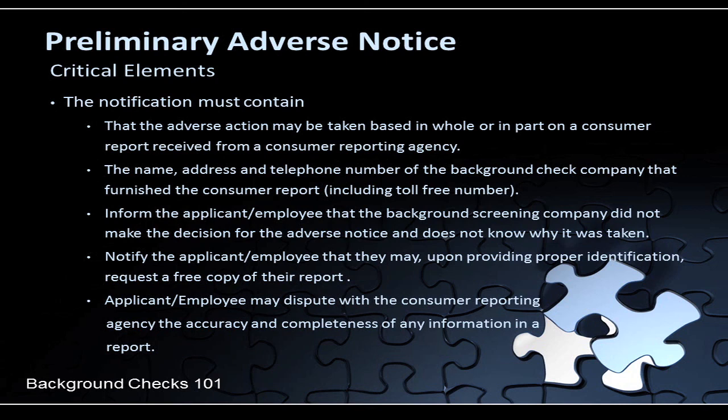Inform the applicant or employee that the background screening company did not make the decision for the adverse notice and does not know why it was taken. Notify the applicant or employee that they may, upon providing proper identification, request a free copy of their report. The applicant or employee may dispute with the consumer reporting agency the accuracy and completeness of any information in a report.